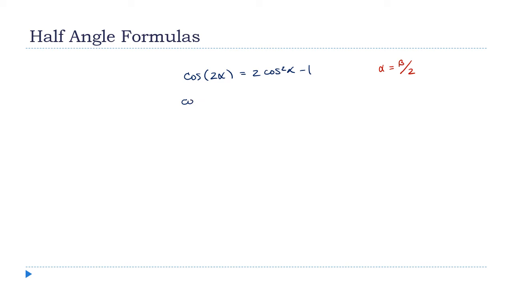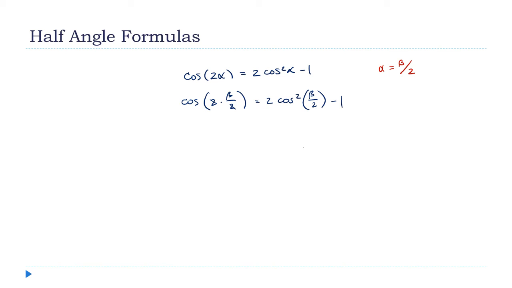This becomes cosine 2 times beta over 2 equals 2 cosine squared beta over 2 minus 1. And that's nice because that's what I was looking for. I wanted a cosine in here. So now all I have to do is solve this for cosine beta over 2.